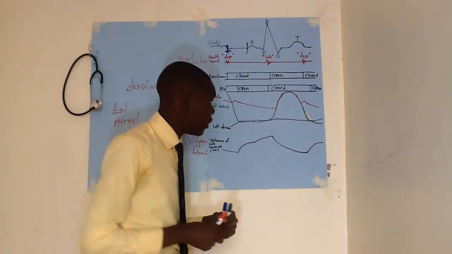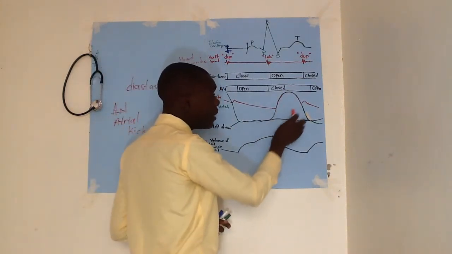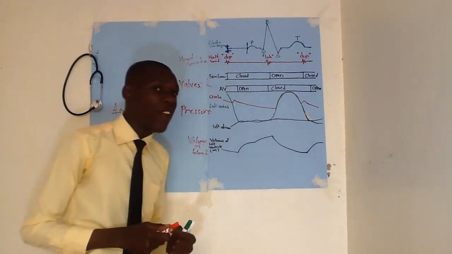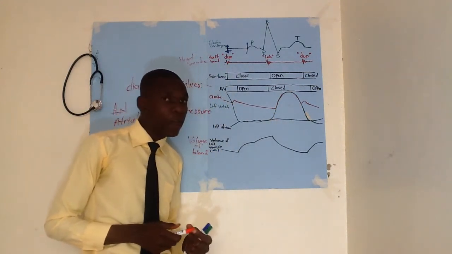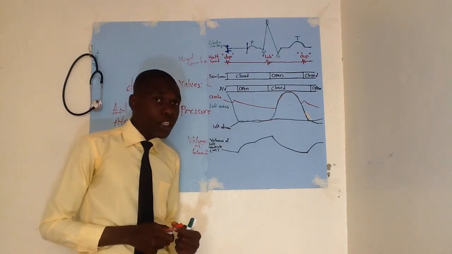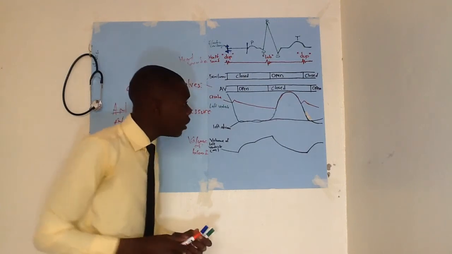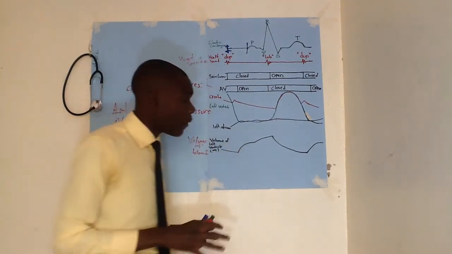In this stage, this part of the graph, we can consider it as ventricular ejection. The ventricles are ejecting out blood.